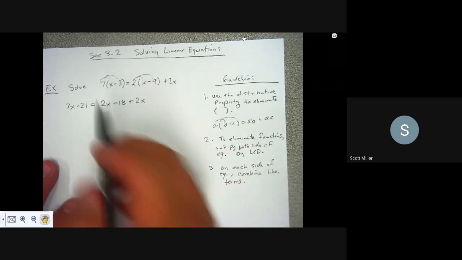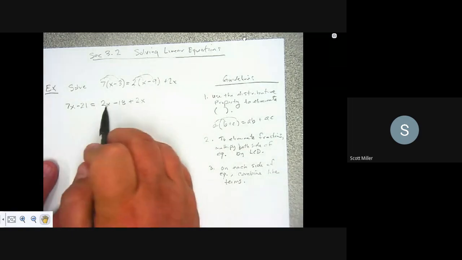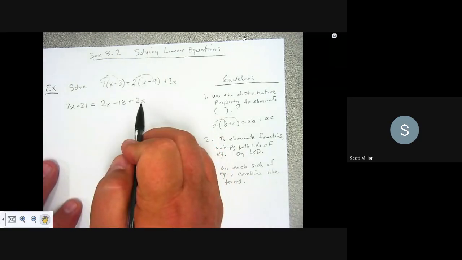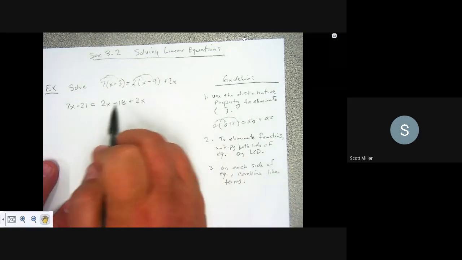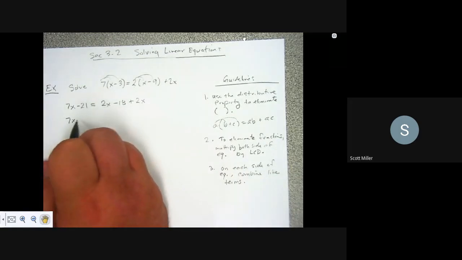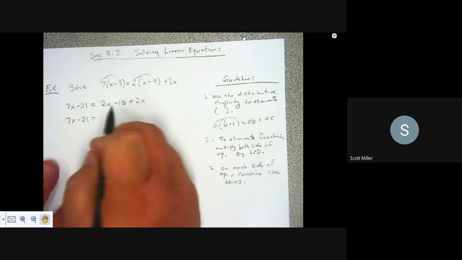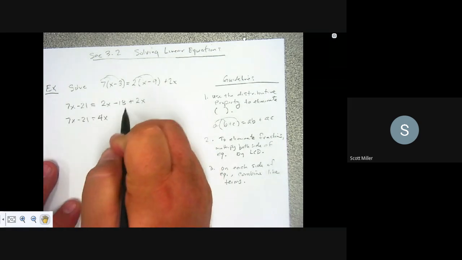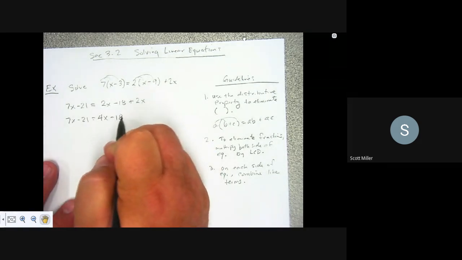Like terms are variable terms that have the same exact variable, or constant terms. In this case, I only have one set. These two are like terms on this side. Nothing's like over here, so we just rewrite the whole thing. These are like, so we want to combine them. I have 2 x's plus 2 more x's gives me 4 total x's. And the minus 18 just comes on down.